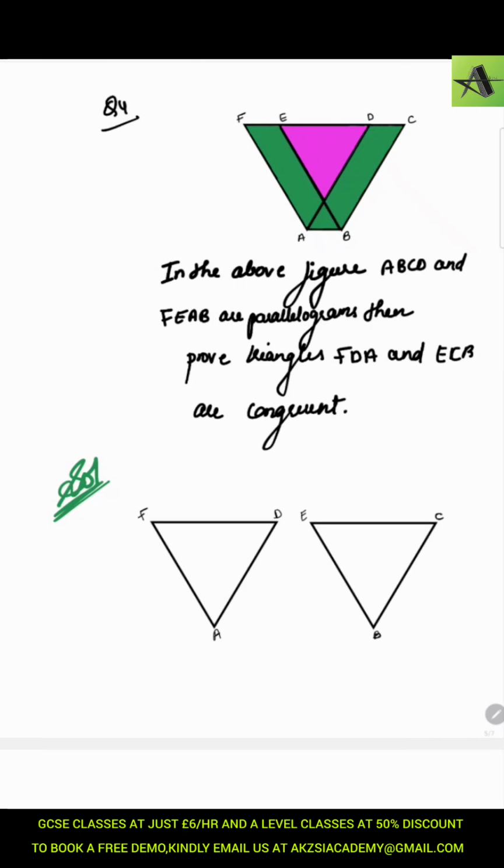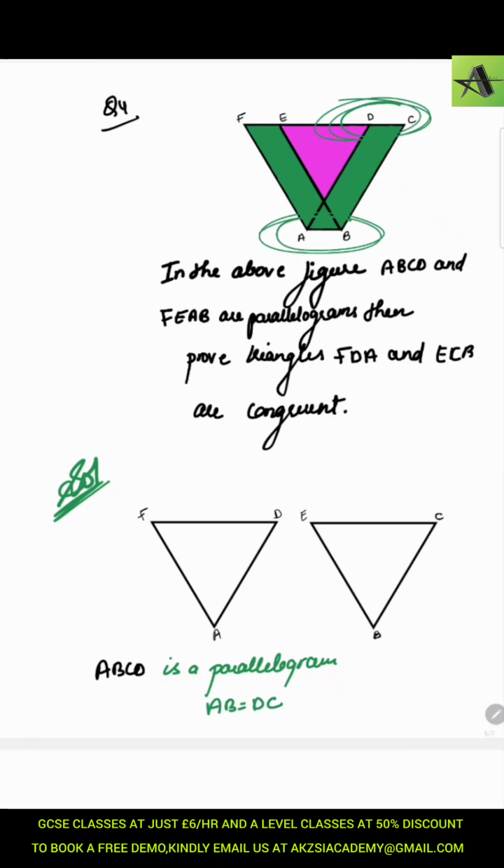In the solution, I'm writing that if ABCD is a parallelogram, that clearly means AB equals DC, because they are the opposite sides of a parallelogram, and we know they are equal and parallel.